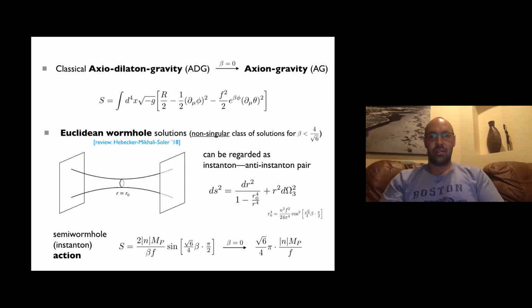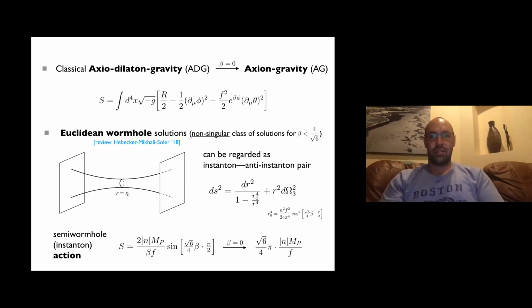Classical solutions to this system are the Euclidean wormholes. These are the regular ones, and they are regular and smooth for specific values of beta. So you cannot have such a solution for any beta, but only for beta more than 4/√6. And this is the picture.